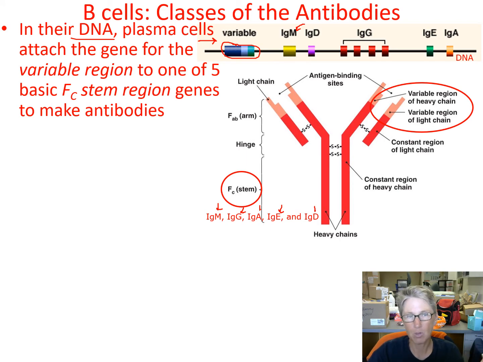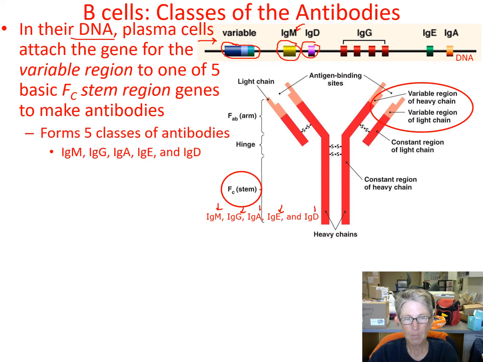It can attach that gene, the variable region of interest, to one of these 5 basic Fc or stem region genes to make a complete antibody. This would be the gene for IgM, the gene for IgD, etc.